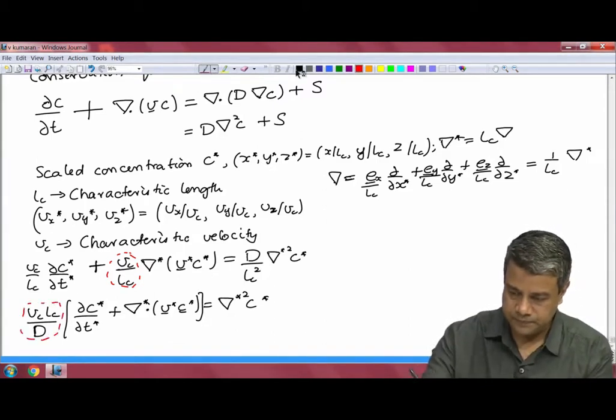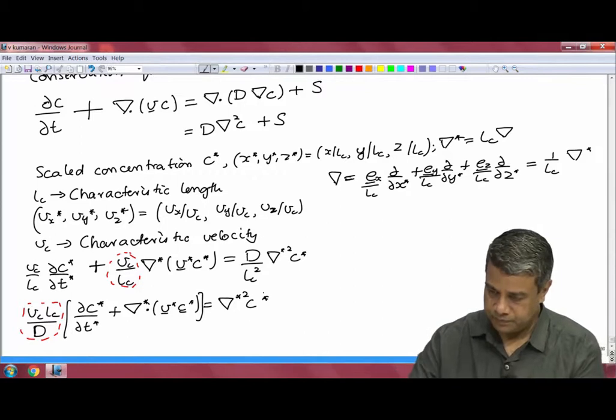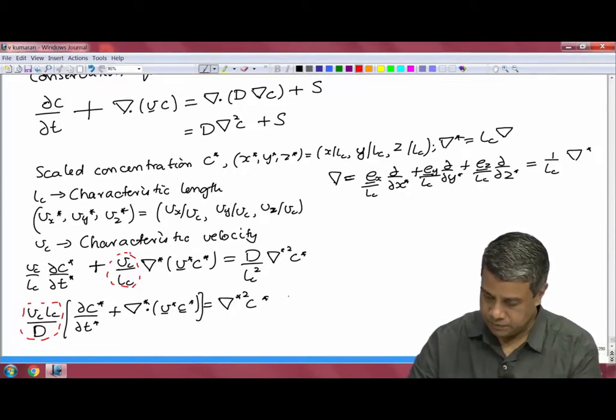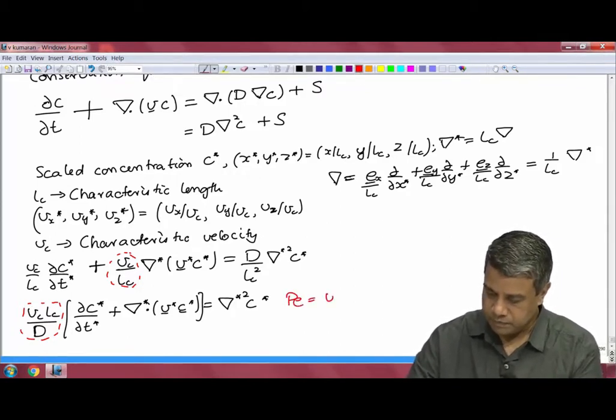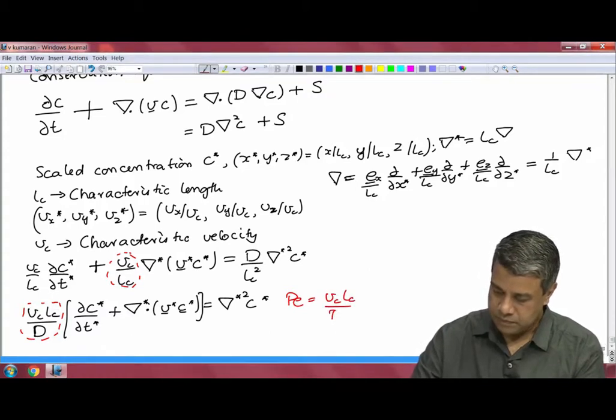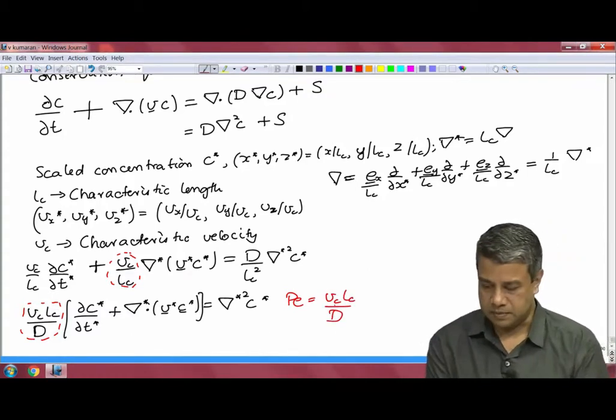We have seen this earlier, the Peclet number.